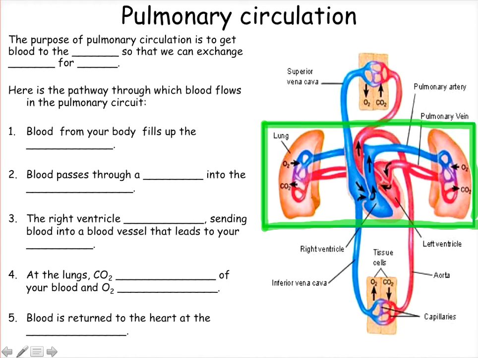First, we need to keep in mind that the whole purpose of pulmonary circulation is to get blood to the lungs so that we can exchange carbon dioxide for oxygen. Recall from earlier in the year that carbon dioxide was made as a byproduct in cellular respiration and that it can be toxic if it builds up in your body.